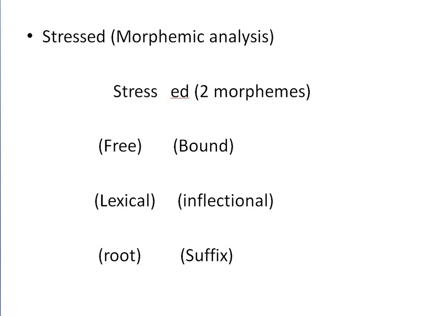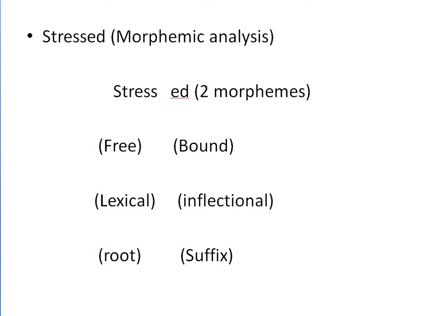Ed is a bound morpheme. Which type of free, functional or lexical? Stress conveys a proper message, so it's lexical. In terms of affixes, it's a root, or a base, or a stem.